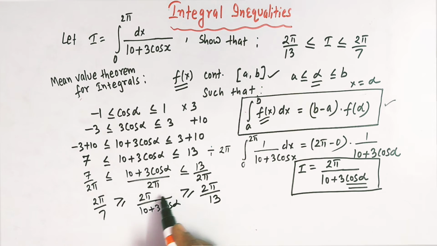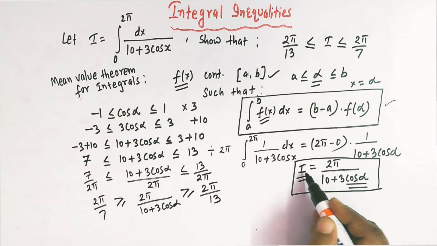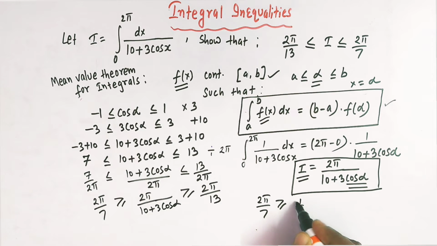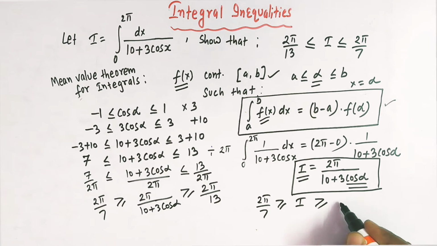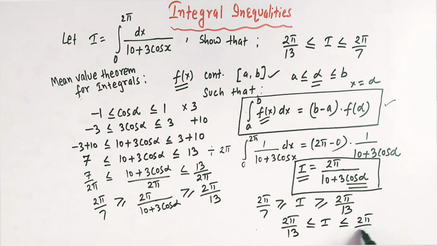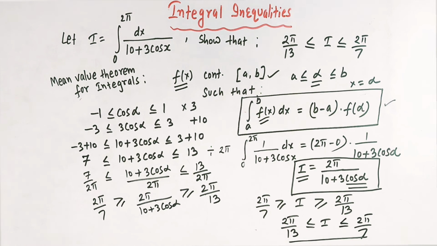Now replacing 2 pi over 10 plus 3 cos alpha by the integral I, we have 2 pi over 7 greater than or equal to I greater than or equal to 2 pi over 13. We can also rewrite this inequality as 2 pi by 13 less than or equal to I less than or equal to 2 pi by 7. So this is our required inequality.